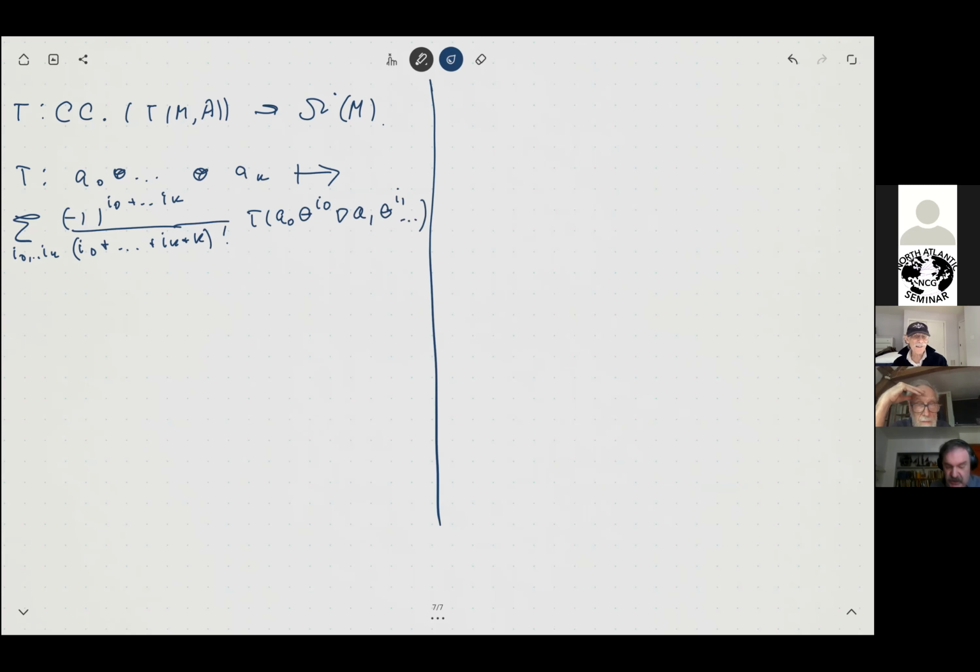The sum is finite because the degrees of forms on the right keep increasing, so it will terminate after finitely many terms. Okay, so we get a morphism of complexes.